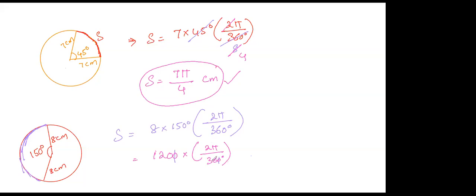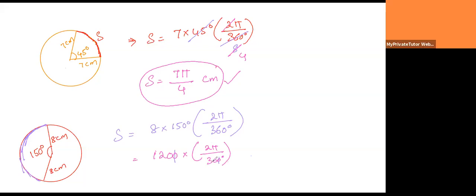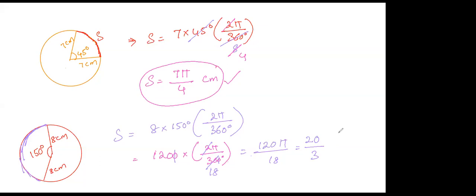Or else we can do this 2 times 18 and then we have 18. So finally we have 120 pi over 18. Please simplify this. It can be divisible by 6, I think. 6 3s are 18 and 6 2s are 12. So 20 pi by 3.